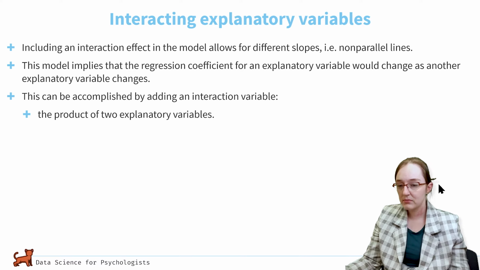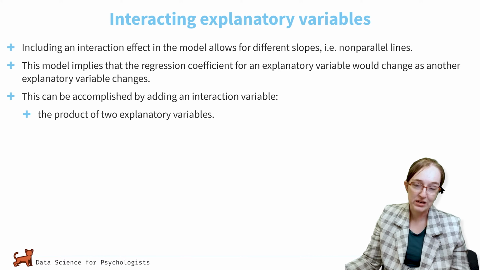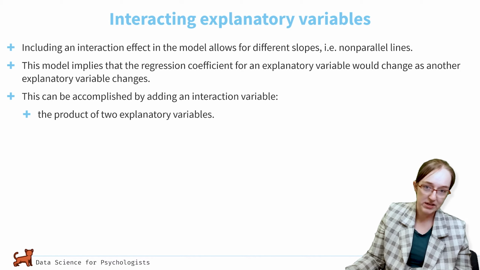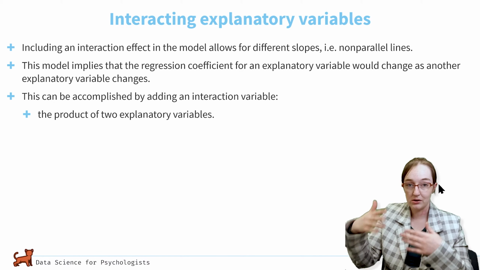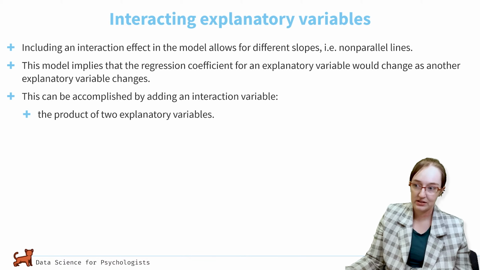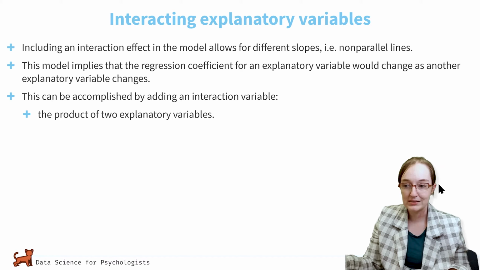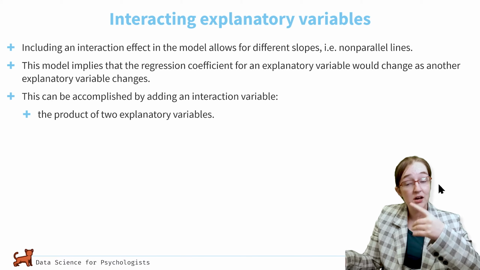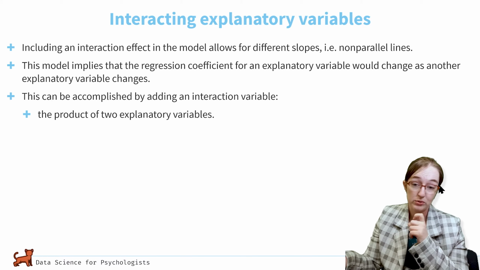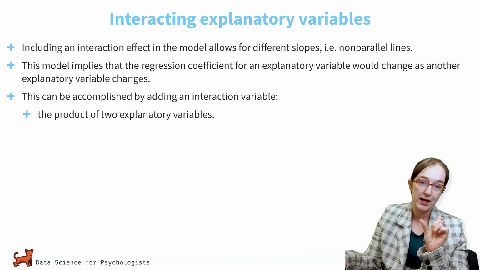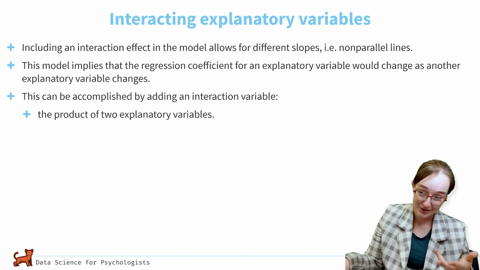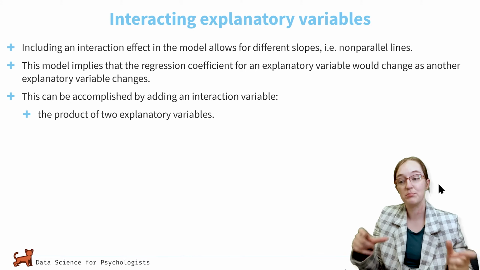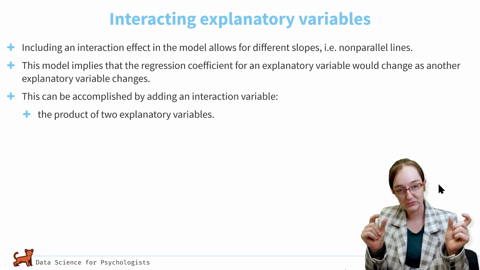Effectively, if you think that there are non-parallel relationships, you need to include interactions. That's why this is the whole module on nonlinear effects. So this model implies that the regression coefficient for an explanatory variable will change as another explanatory variable changes. This can be accomplished by adding in that interaction variable, which is effectively the product of the two. Multiply them.